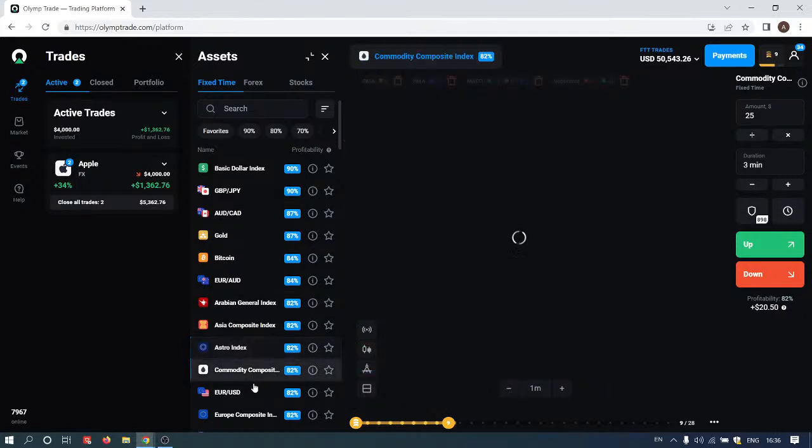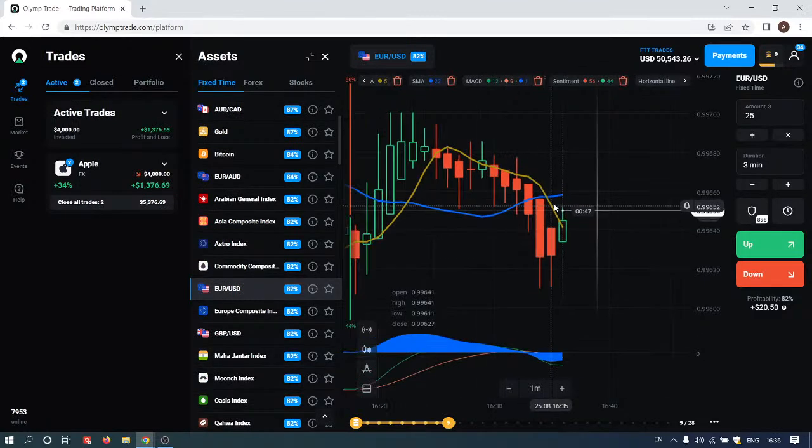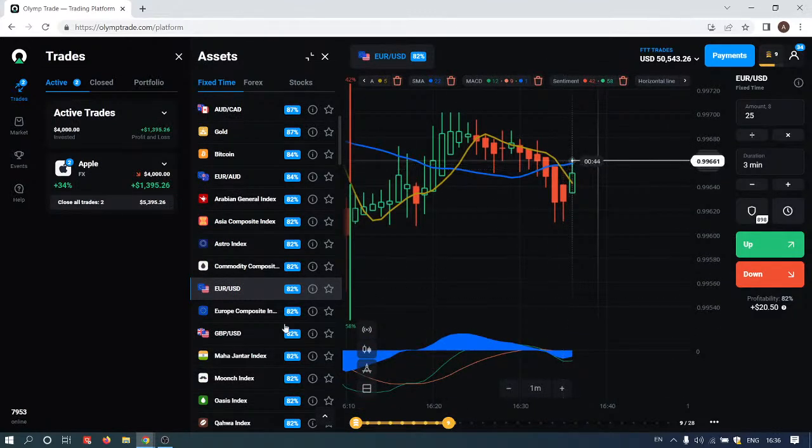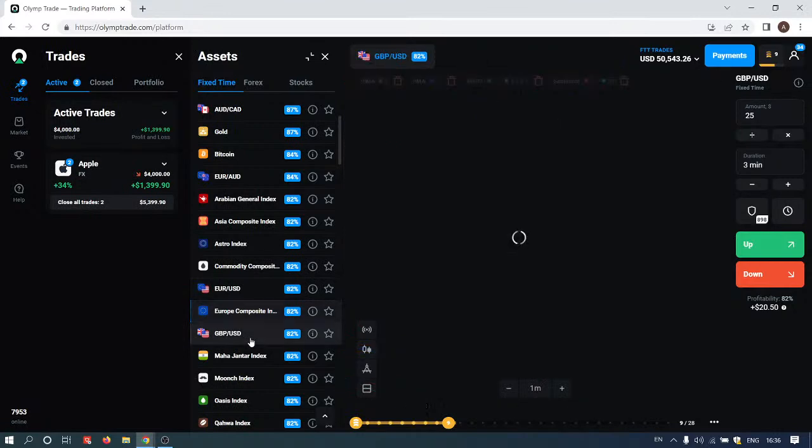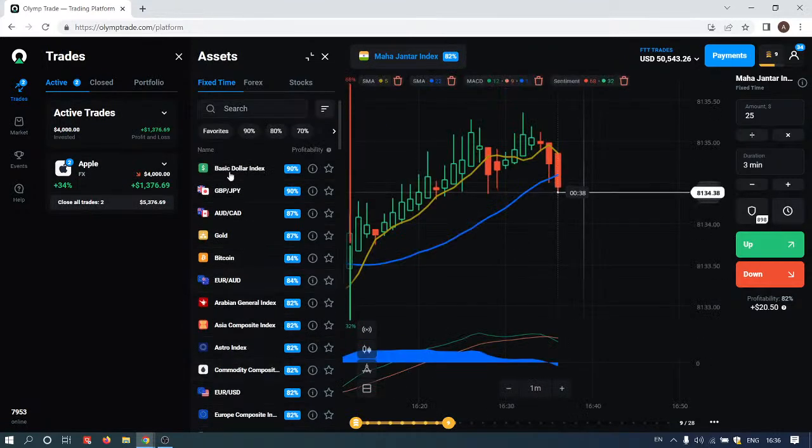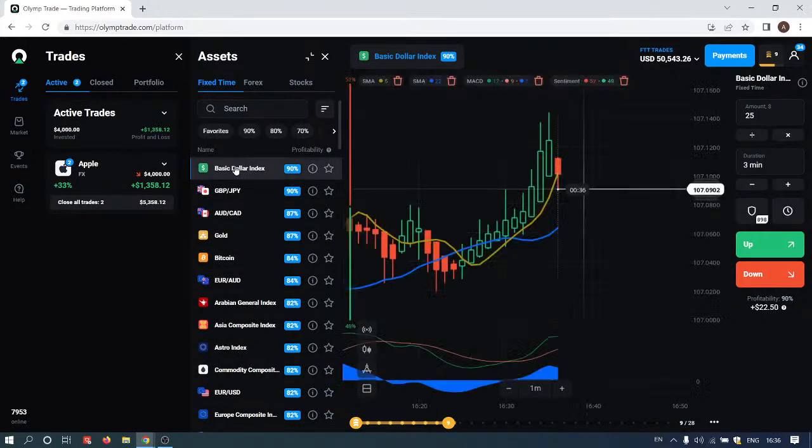So we want to skip that. The same is true for the Euro USD chart. All right, guys, I don't see any other signals, so I wanna wrap it up here.